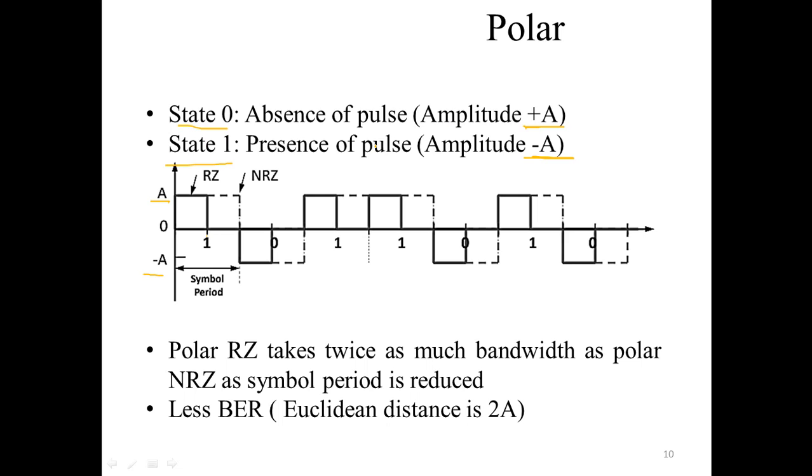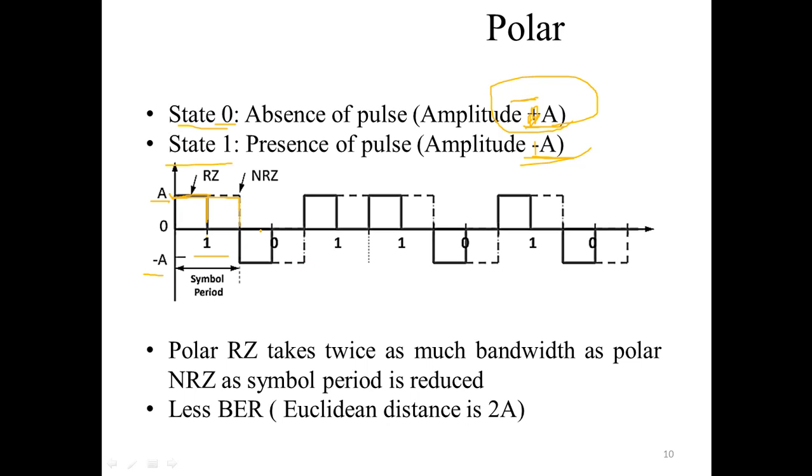For 1 it is plus A, and for 0 it is minus A. So whenever there comes 1, you have to go to the plus A, and if you are using RZ, you have to do half of the symbol period, but if you are using NRZ, you have to complete the period as A. Similarly, when there comes 0, you have to go to minus A actually.